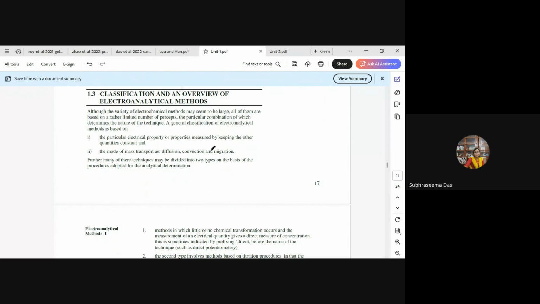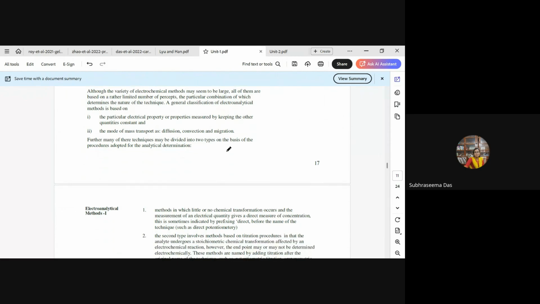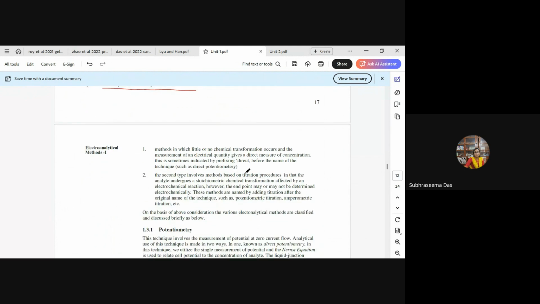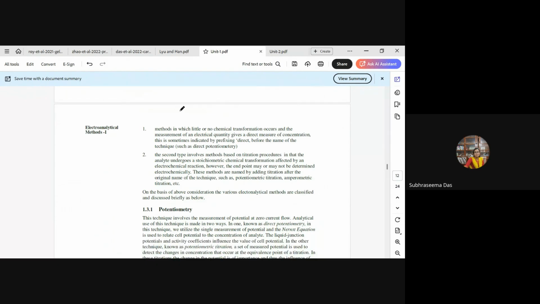Basically these techniques have been divided into two types on the basis of procedures adopted for analytical determination. The first is the methods in which little or no chemical transformation occurs, and the measurement of an electrical quantity gives a direct measure of concentration, an example being direct potentiometry.